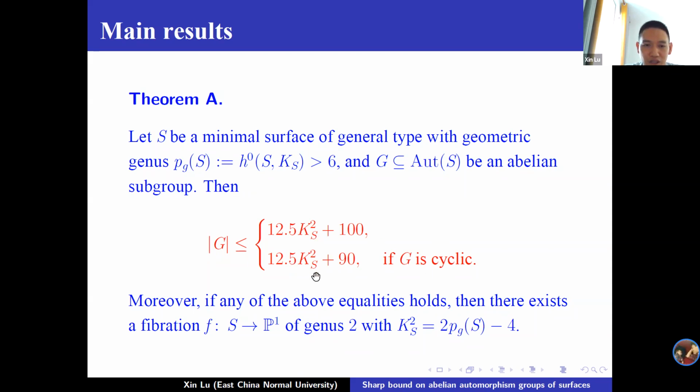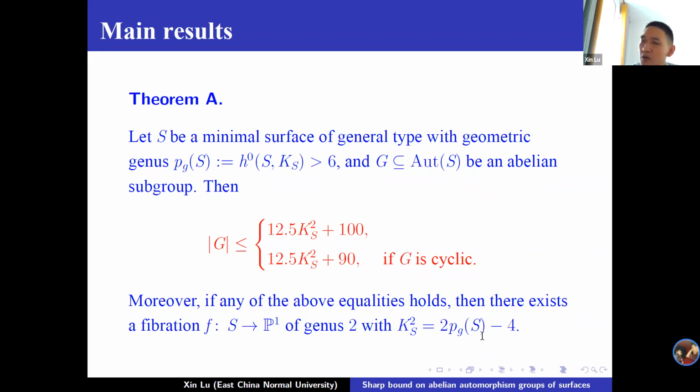And moreover, if any of the above equalities holds, then the surface S has a fibration to the projective line of genus g equal to 2, and also K_S square should be equal to 2p_g minus 4.